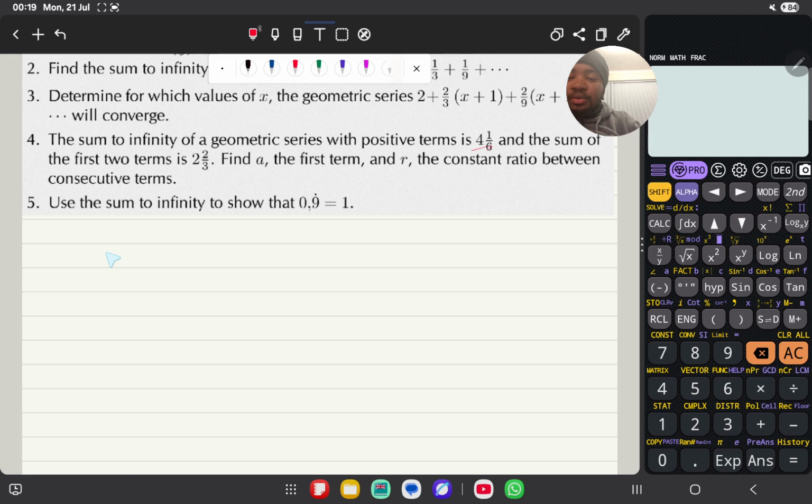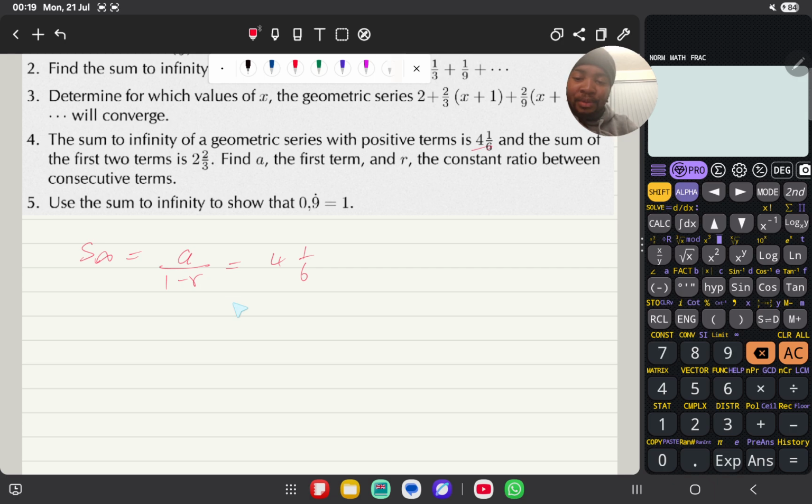Cool. So we also know that sum to infinity equals a over 1 minus r, right? And they're telling us that it equals 4 1 over 6, right?